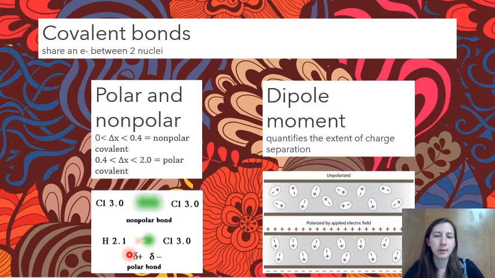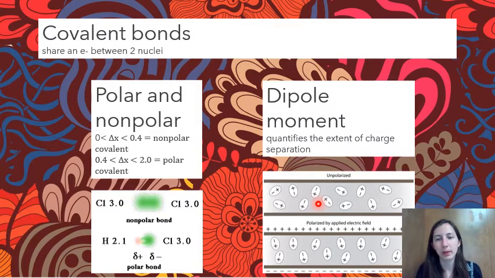This is important because, for one thing, it reminds us of the dipole moment, which quantifies the extent of the charge separation, and we can test for this. Basically, in an area that does not have an electrostatic field, the molecules just kind of float around.